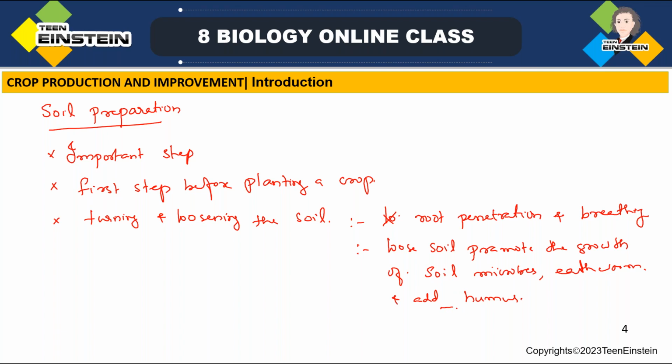So before beginning crop cultivation, soil preparation is very, very important. These points you need to write down, the importance of soil preparation: why we are preparing soil before starting cultivation.